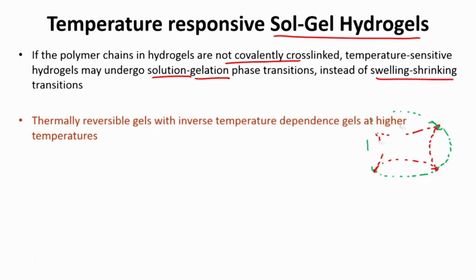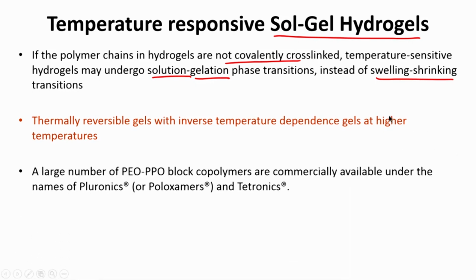So this will cause a thermally reversible gelation, and it will have an inverse temperature dependence at a higher temperature. That means at high temperature they will become solution and at lower temperature they will become gel. A large number of PEO and PPO block copolymers that are commercially available, including the Pluronics, can have this sol-gel behavior with these temperature changes.